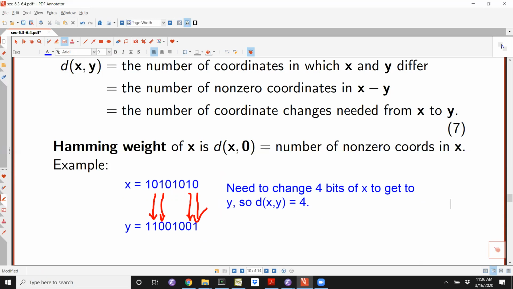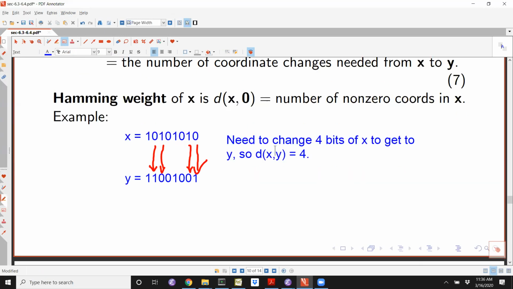So that's what the Hamming distance is. It's the number of coordinates where they're different, which is exactly the same as the number of coordinate changes to get from X to Y.